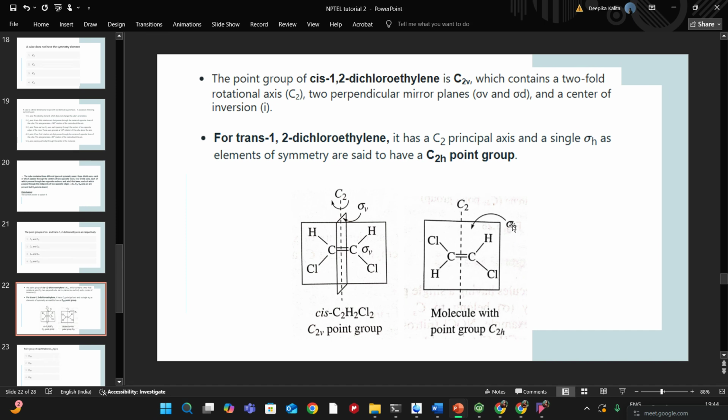Hence, the symmetry elements contained by trans 1,2-dichloroethylene will be C2 and sigma H. Hence, the point groups assigned to cis and trans 1,2-dichloroethylene will be C2V and C2H.